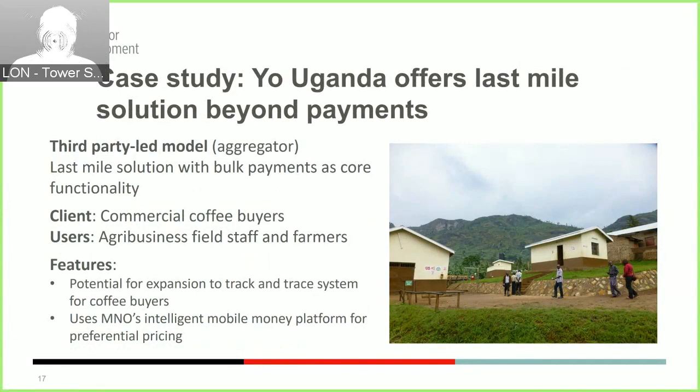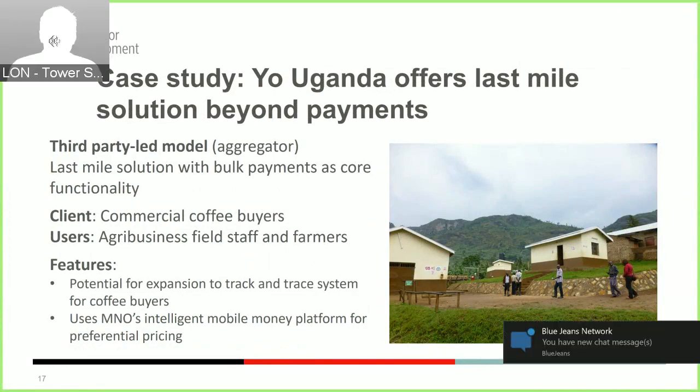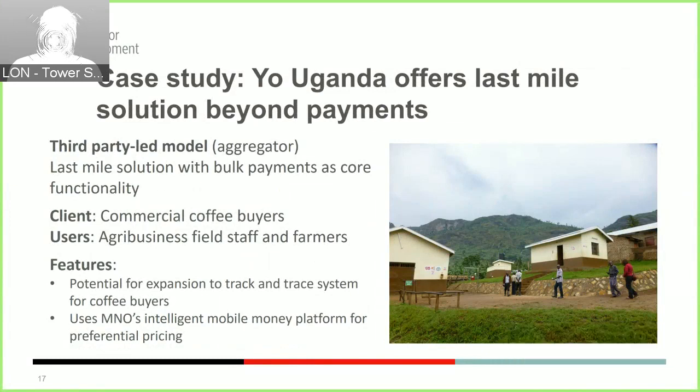They have integrated, in this case, with the mobile money service of MTN, and with the pre-existing procurement and financial accounting system of the agribusiness. The agribusiness is a Ugandan company called Kyagalani Coffee, which is part of an international group that procures and exports coffee internationally. Compared to a basic bulk payment platform, this kind of solution is representative of a more holistic approach to agricultural last mile digitization.